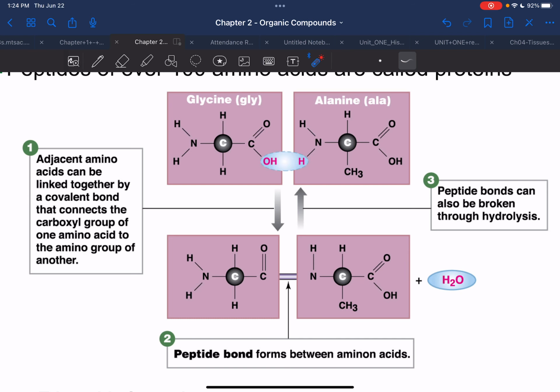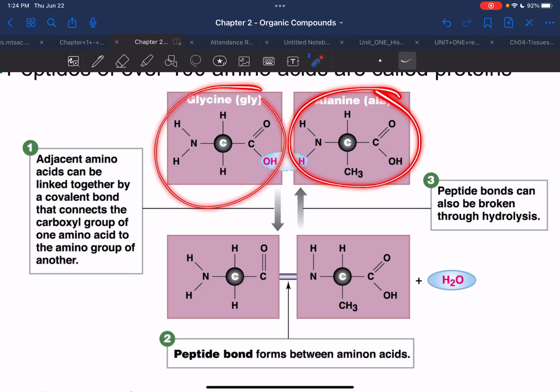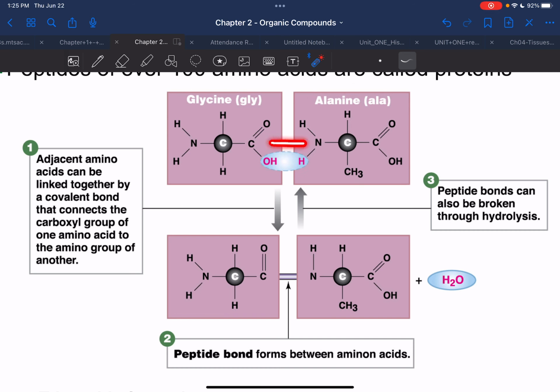And what type of synthesis combines things together? Dehydration, because you can see now that alanine and glycine will combine together. You can see here there's no connection, but here we have our bond. And what happened? H and OH was removed to form a water molecule.